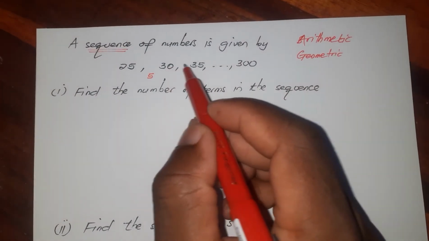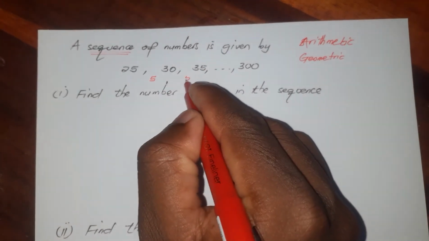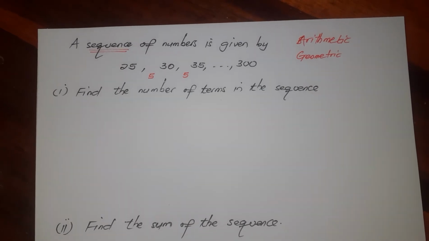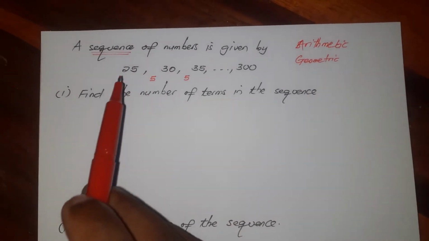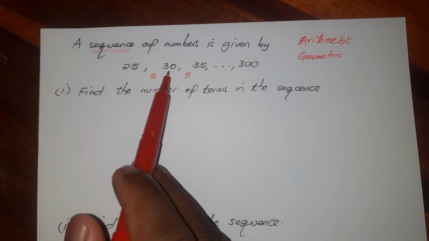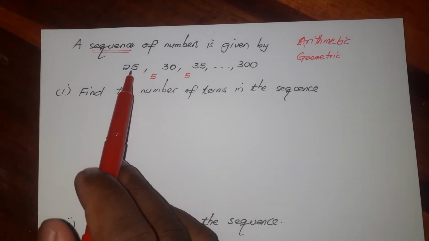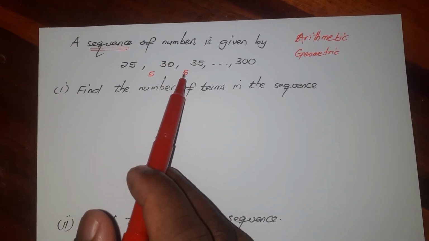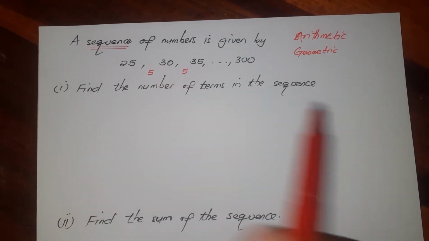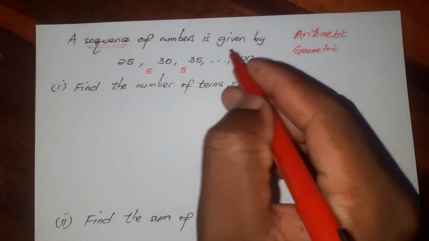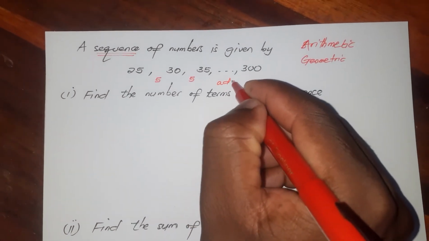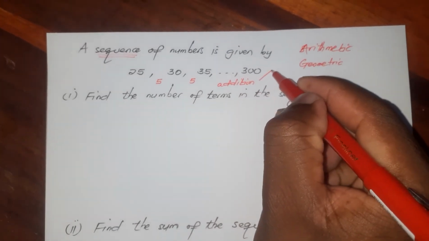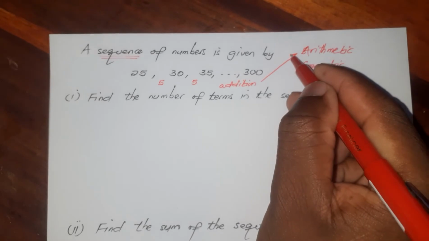From 30 to 35, the difference also is 5. From 25 to 30, that means 5 was added to 25 to get 30. And from 30 to 35, 5 was added to 30 to get 35. Because of addition to get the next term, therefore, it is arithmetic.